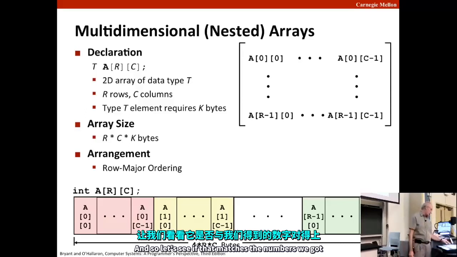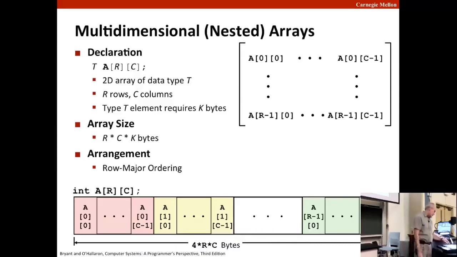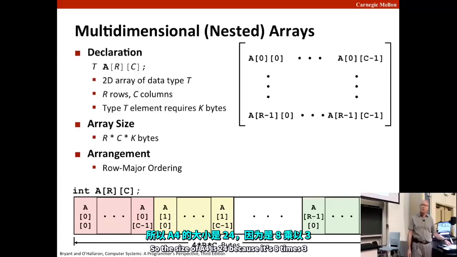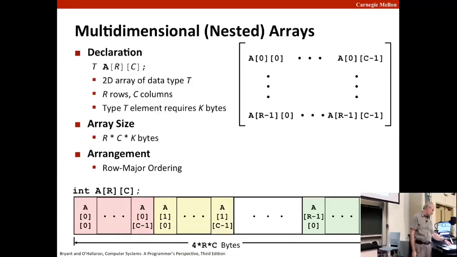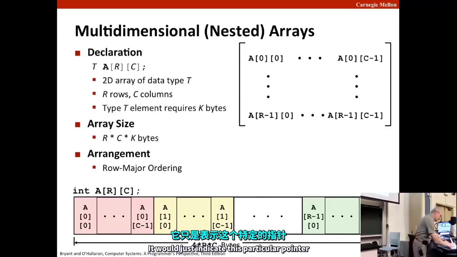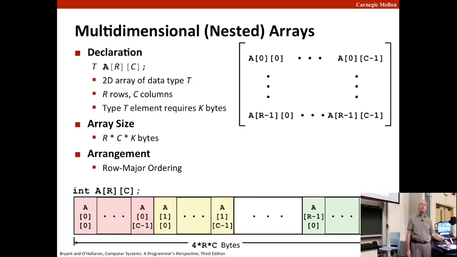And so let's see if that matches the numbers we got. The size of A4 is 24 because it's 8 times 3. If I were to dereference A4, it would just indicate this particular pointer. Right? A4 is an array of pointers.